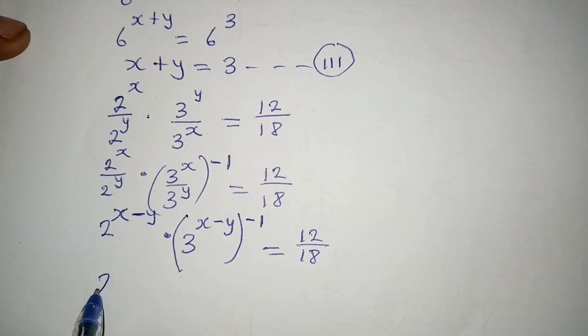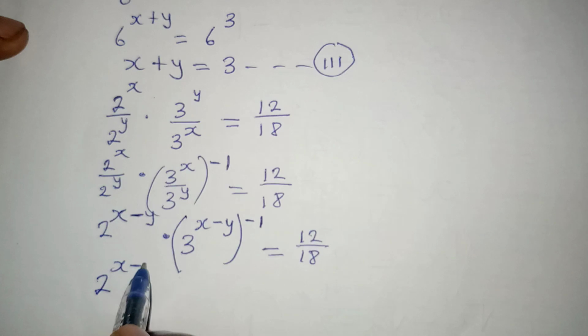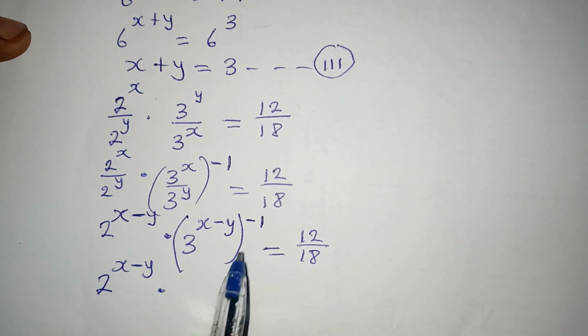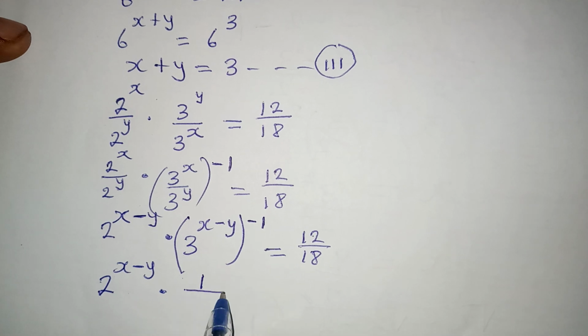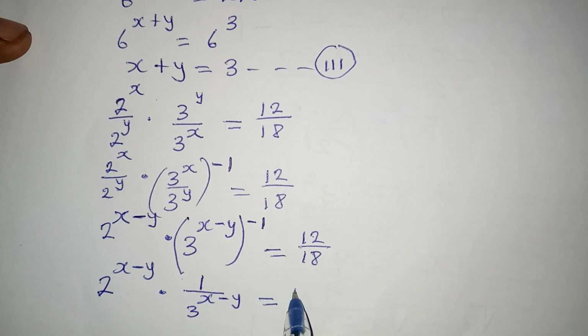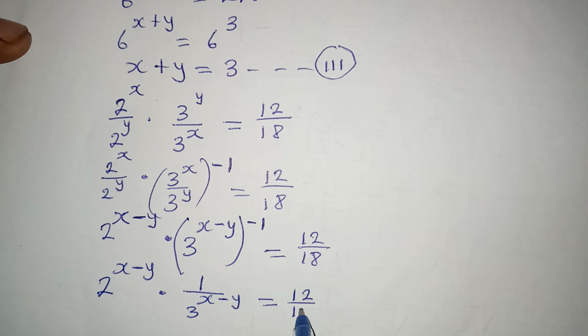So if I continue, I'll have 2 to the power of x minus y multiplied by 1 all over 3 to the power of x minus y, and this will be equal to 12 over 18.